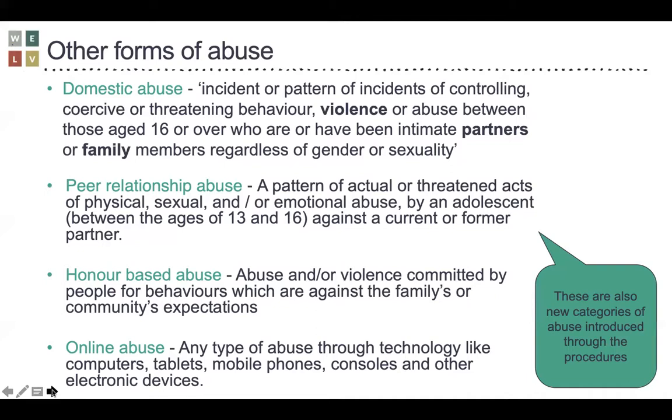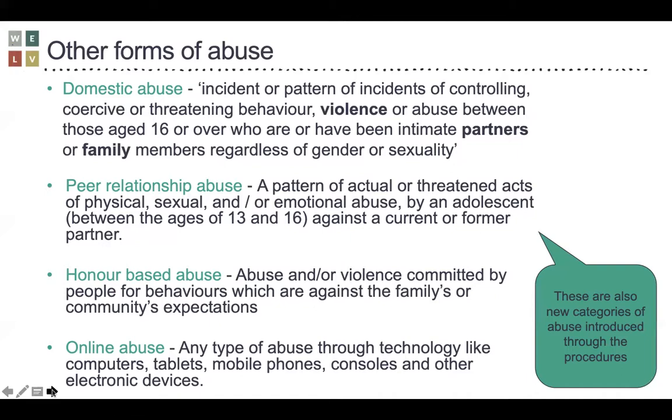We also see a description of peer relationship abuse, which is a pattern of actual or threatened acts of physical, sexual and/or emotional abuse by an adolescent between the ages of 13 and 16 against a current or former partner.